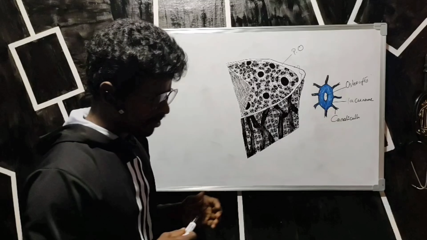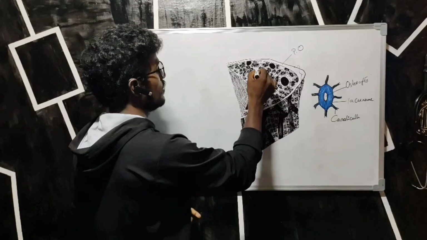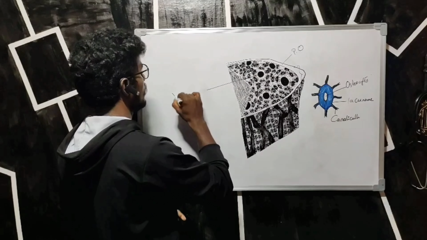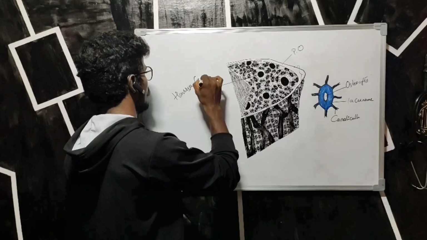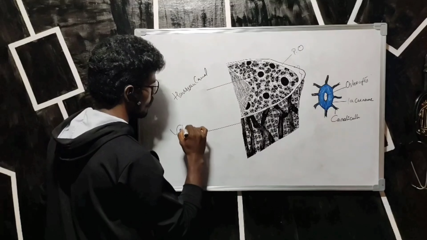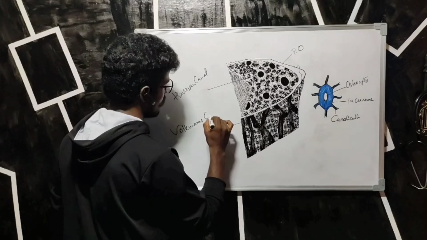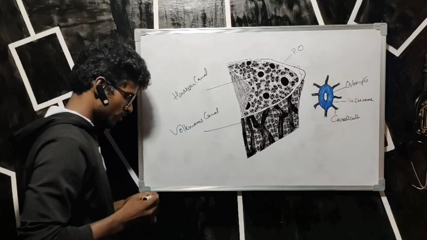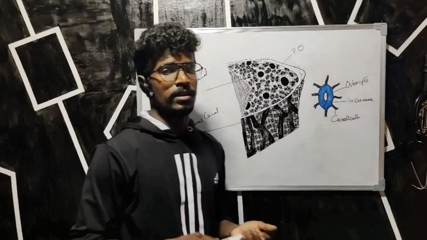Intracortical area or intracortical bone has two canals. One is the Haversian canal and the other is Volkmann's canal. The function of these two canals is to provide blood supply.